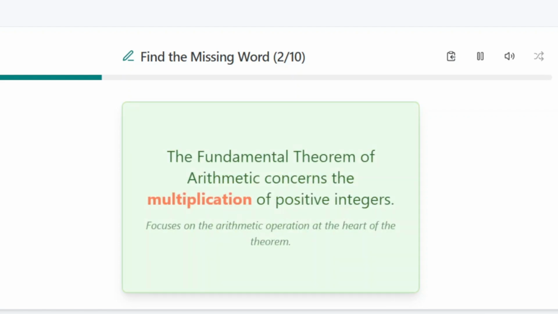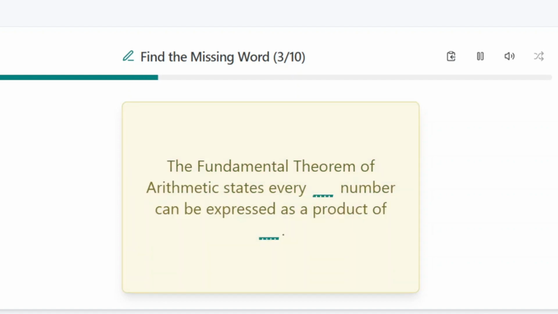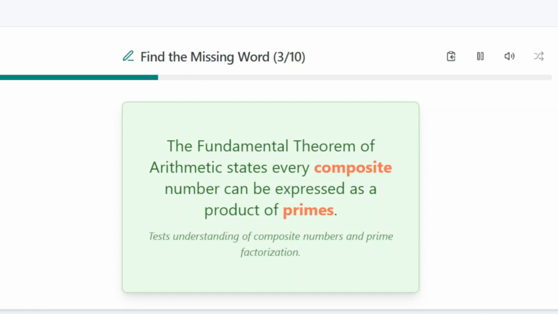Multiplication. Explanation: focuses on the arithmetic operation at the heart of the theorem. The fundamental theorem of arithmetic states every blank number can be expressed as a product of blank. Composite, primes. Explanation: tests understanding of composite numbers and prime factorization.